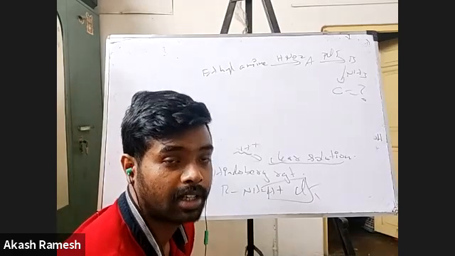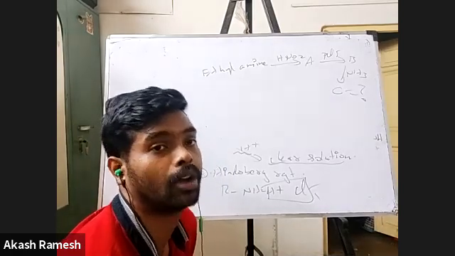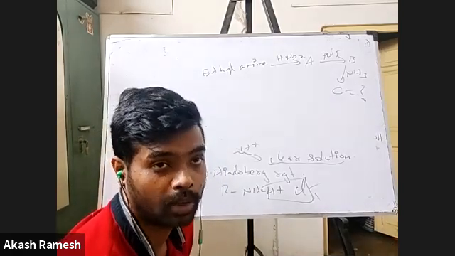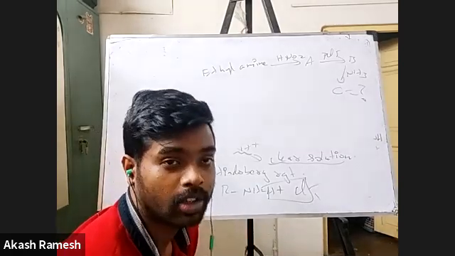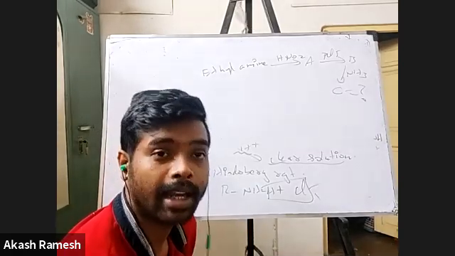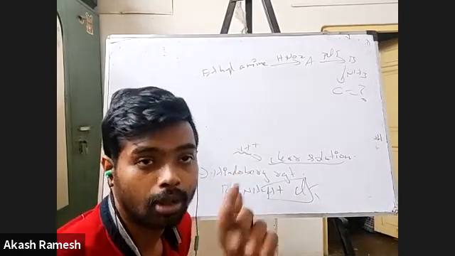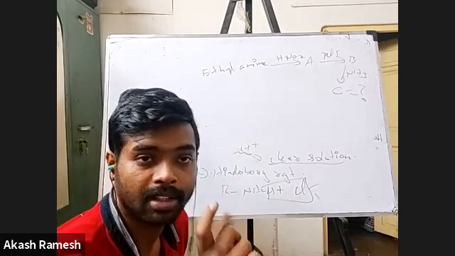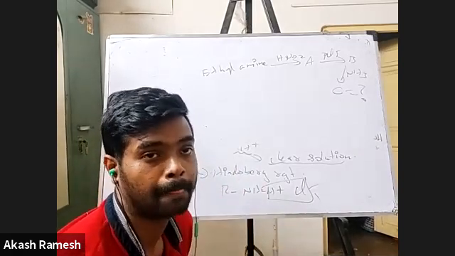But what you have to understand is aliphatic amines are incapable of forming stable diazonium salts, because they're very unstable. Arene diazonium salts, when you have an aniline, can easily form a diazonium salt. Again, that too only at a very particular temperature of 0 to 5 degrees Celsius. Only at that temperature it is stable. If you go to a higher temperature, it is not going to be stable, right?